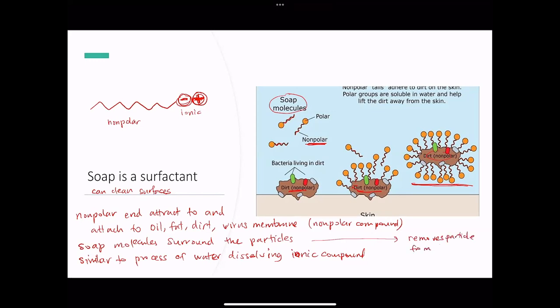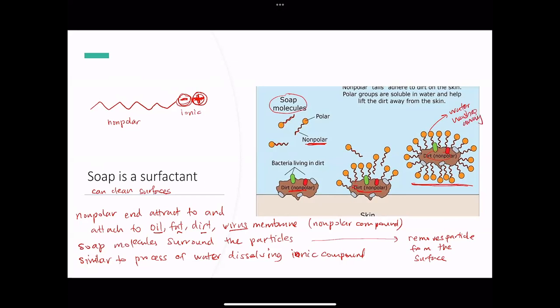Now the particle originally has to be a nonpolar particle. So the oil, the fat, dirt, the virus membrane, it has to be nonpolar for the soap to work. Okay, but as long as you have some water incorporated in, now this part, the polar end, is attracted to water, and this will get washed off.